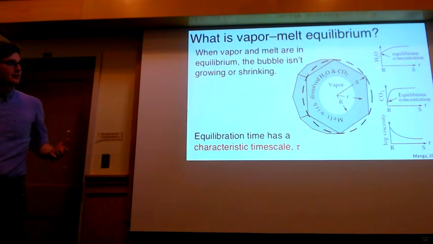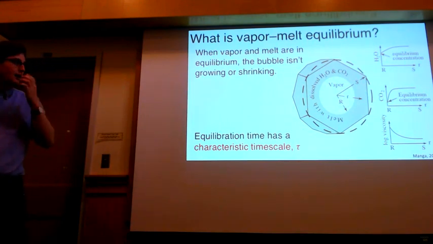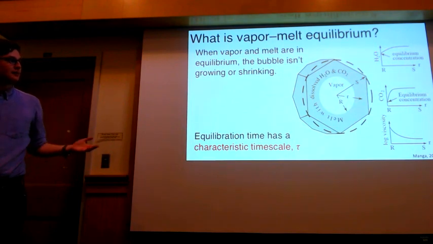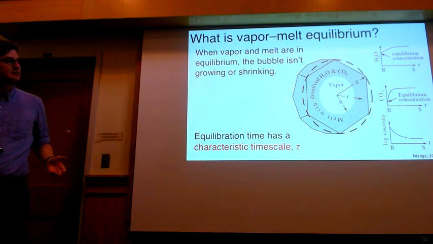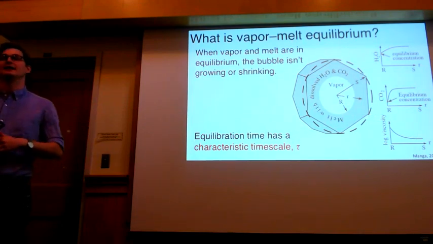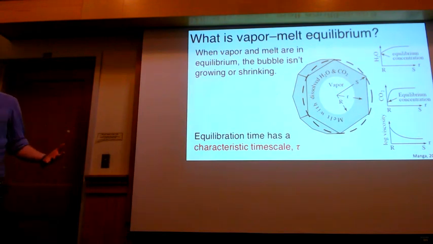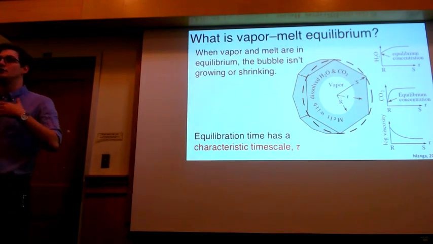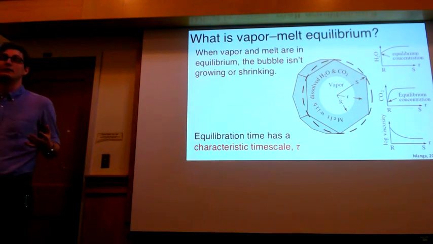So immediately after you form your bubble, and this is a nice simplified representation of it, you have to take that gas out of the melt and move it into the bubble. So you end up with these little depletions right at that bubble melt interface. Now in nature, generally abhors gradients, and so those are going to start to smooth out over time. And if you allow enough time, the bubble will reach a new equilibrium, where you'll have totally flat gradients in the melt, and the bubble will not be growing or shrinking anymore.